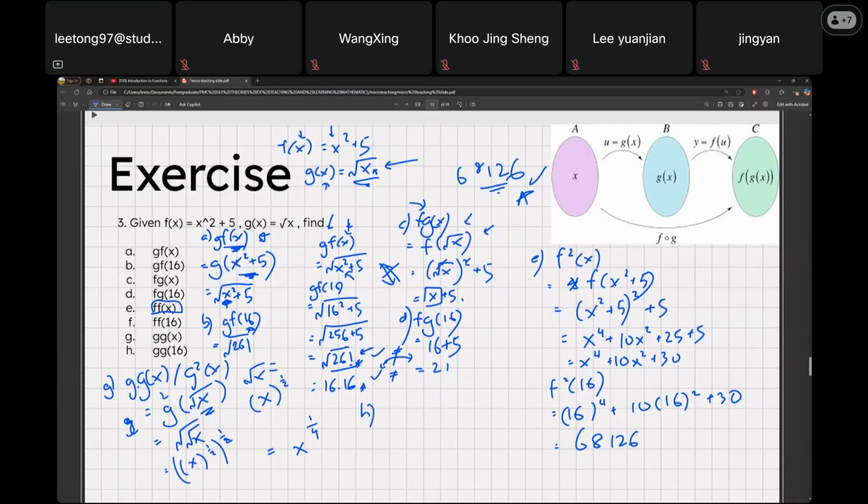Okay, we change the object into 16. So 16 will be substituted into this X. So 16 power of 1 over 4.